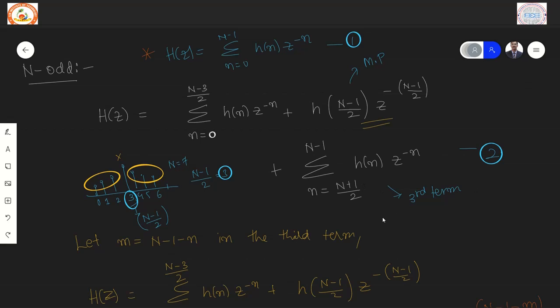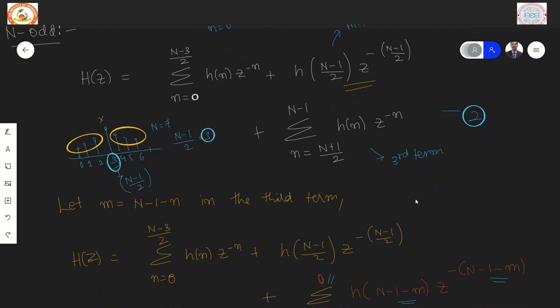Now, similar to the last method, where in the second summation we tried to insert a value in place of n, here also let us put m equal to capital N minus 1 minus n. Using this, we want to change the value of the index n in the third term.